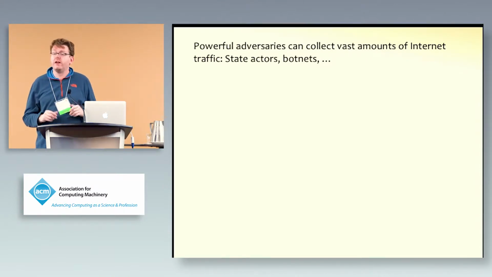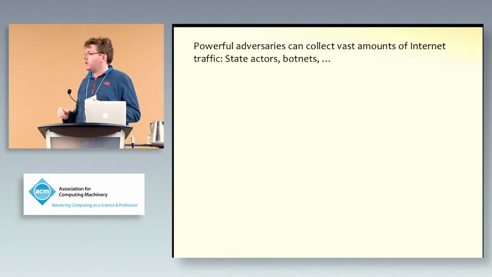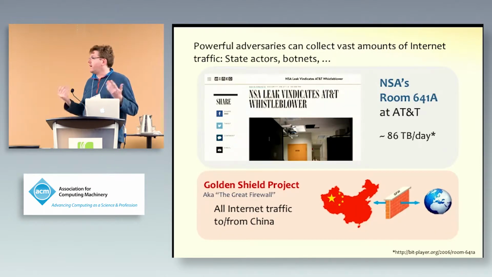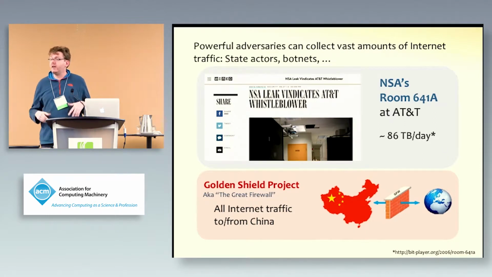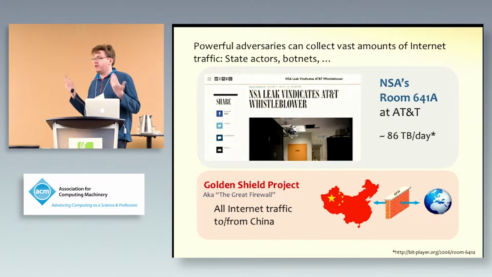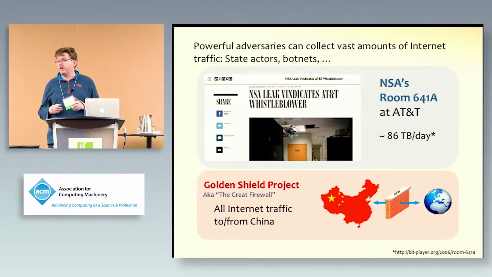I'm thinking here specifically about state actors or a large network of compromised machines like botnets and so on. We have known for more than a decade that the NSA is capable of placing interception gear at the endpoints of internet backbones, and we have countries like China that can essentially filter every connection which goes out of the country.